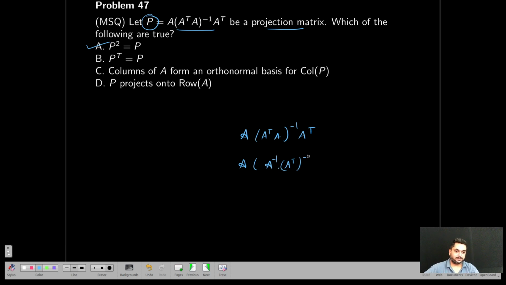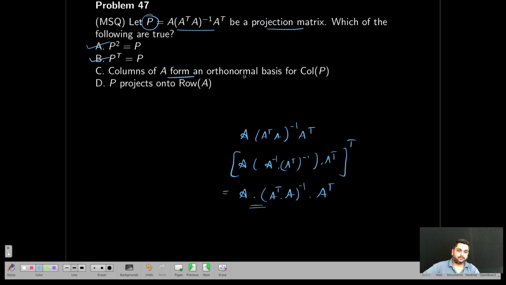First convert this. Take the whole transpose of this. If I take the whole transpose, it becomes A into (A transpose A) inverse into A transpose. So this is equivalent to this, hence this is also correct.